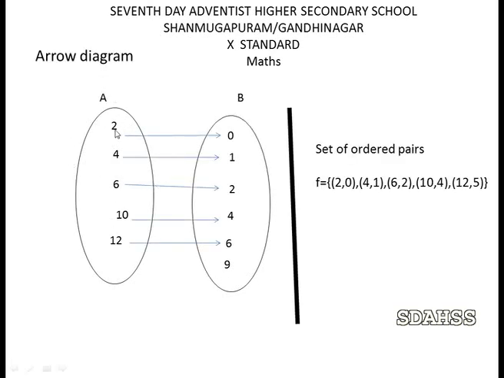By using the ordered pairs and the table, we can represent this in the arrow diagram. So 2 goes to 0, 4 to 1, 6 to 2, 10 to 4, 12 to 5.